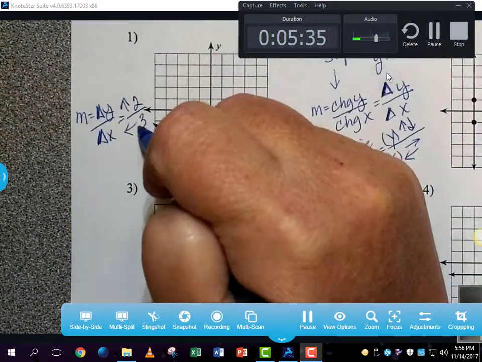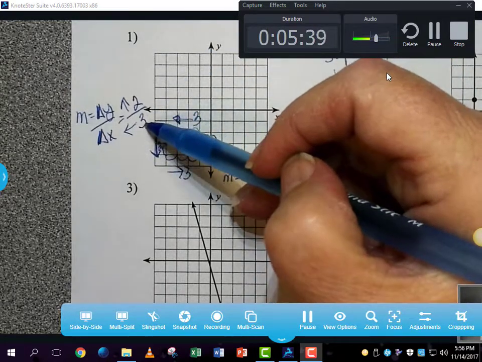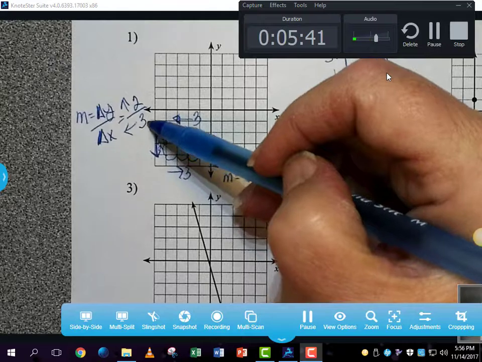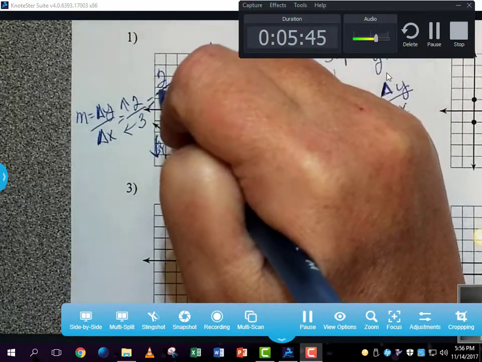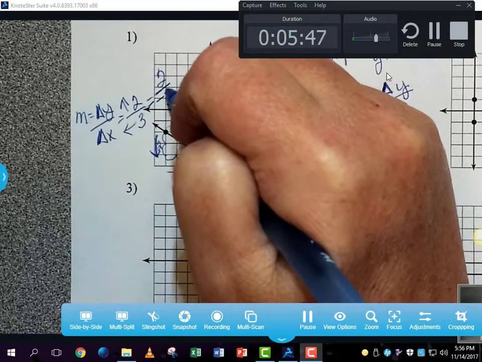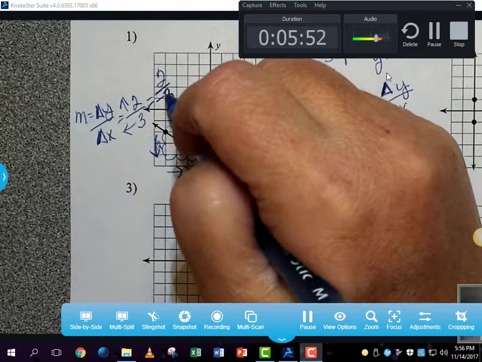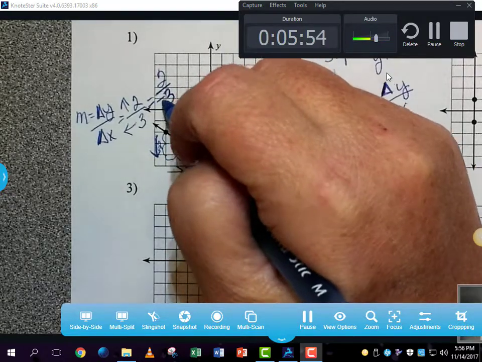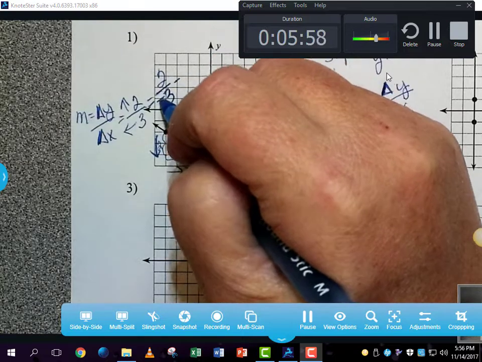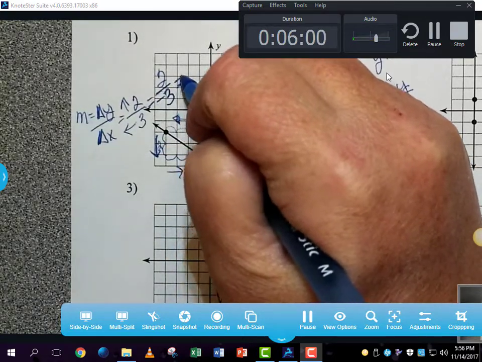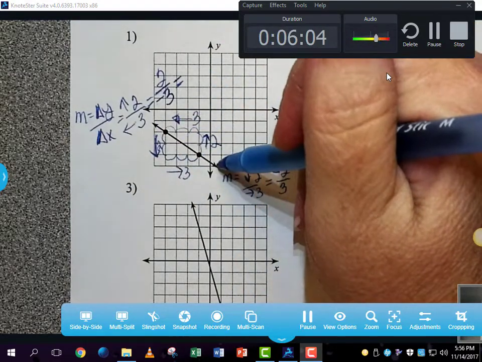Well, when I move up, it's positive, and when I move left, it's negative. So this would be a positive 2 over a negative 3. However, I always like to have my negative signs in the numerator. So instead of saying 2 divided by negative 3, which is completely fine, that does represent the kind of slope it is, a negative slope, downhill.